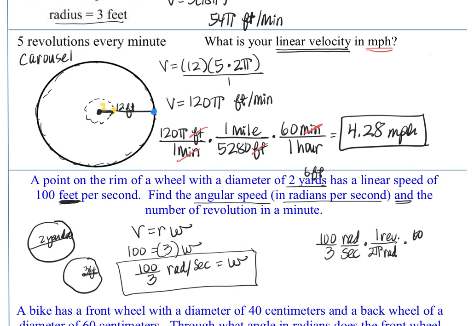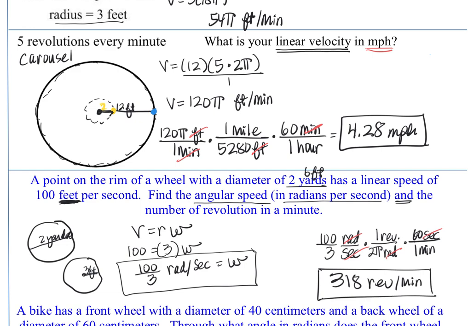There are 60 seconds in 1 minute. So then when we cancel these words, radian cancels, seconds cancels, I get revolutions per minute. Yay, that's exactly what I need. So, I think this is 318 revolutions per minute. So you can check that on the calculator and see if I'm right.